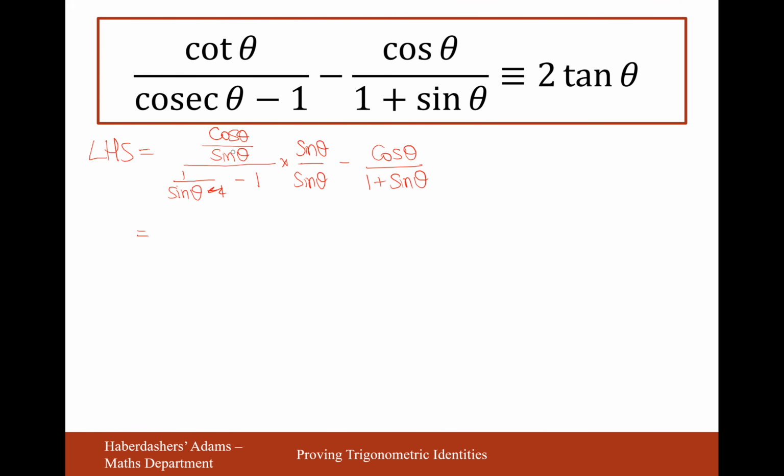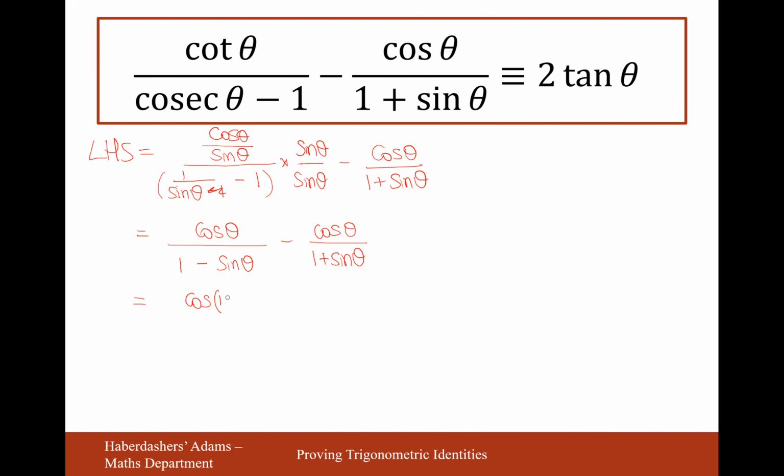Okay, so what will happen on the top then? We've got cos theta over sine theta times sine theta. That will give us just cos theta. And then expanding the brackets on the bottom, 1 over sine theta times sine theta, that's just 1 minus sine theta. And then that's going to be minus cos theta over 1 plus sine theta. So now let's add the fractions by creating common denominators.